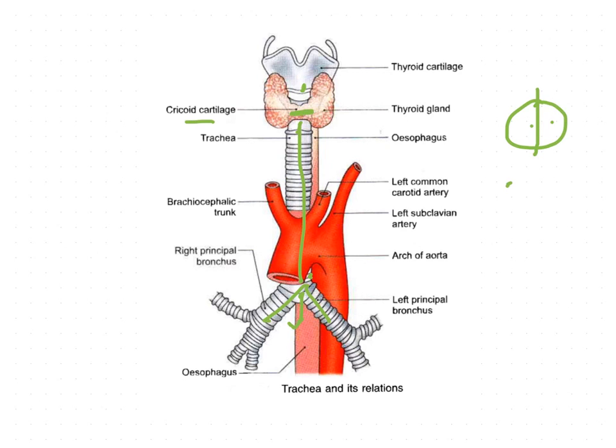Over most of its length, the trachea lies in the median plane only, but near the lower end of the trachea, it deviates slightly towards the right.